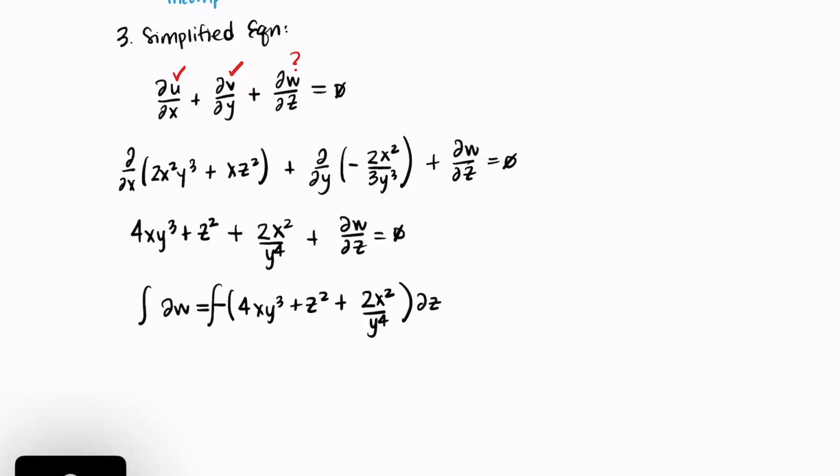And then I'm going to integrate both sides. So I have w is equal to minus 4xy cubed times z plus z cubed over 3 plus 2x squared over y to the fourth times z plus a function of integration that could depend on x and y.